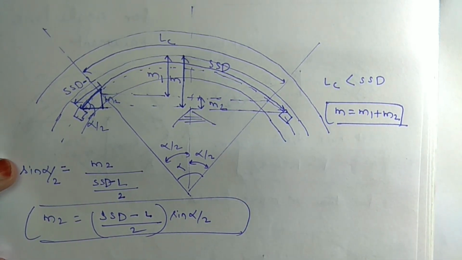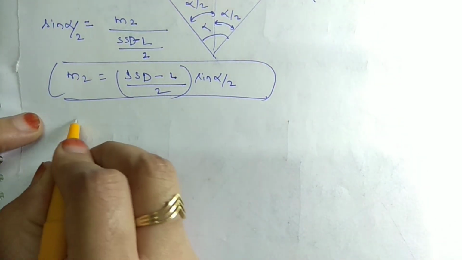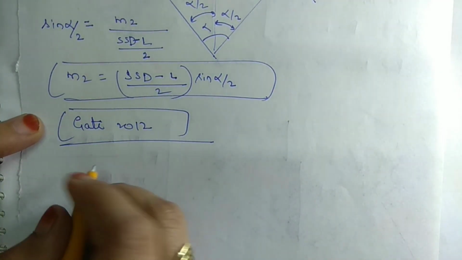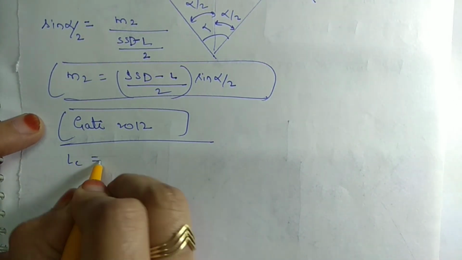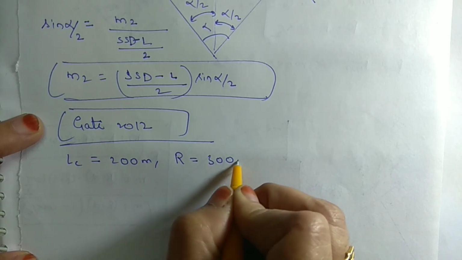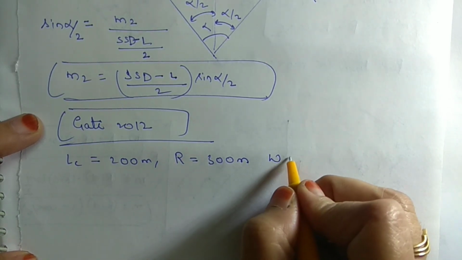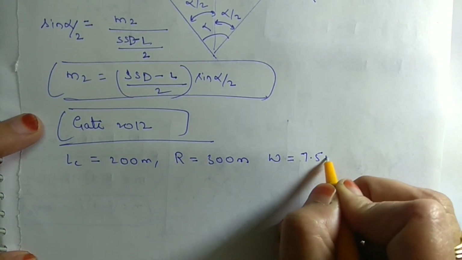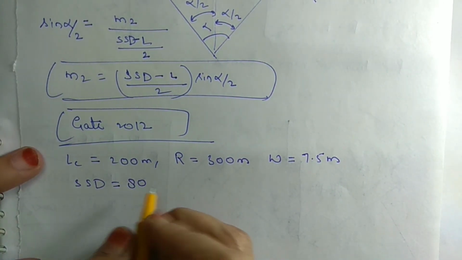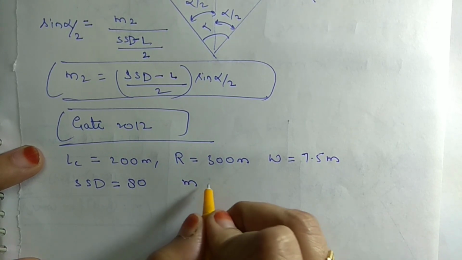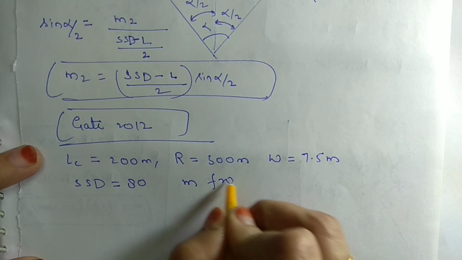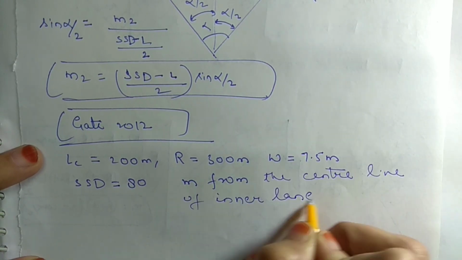Now let's solve a question from GATE. This question was asked in GATE 2012. Given the length of curve as 200 meter, the radius of horizontal curve as 300 meter, the width of pavement as 7.5 meter and the stopping distance as 80 meter, we need to calculate the setback distance or M from the center line of inner lane.